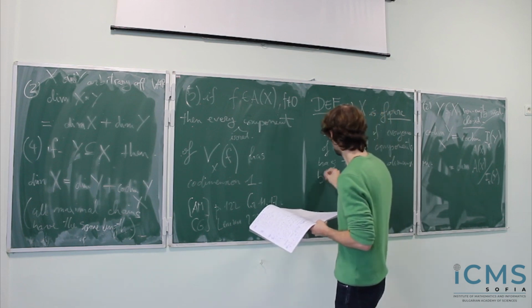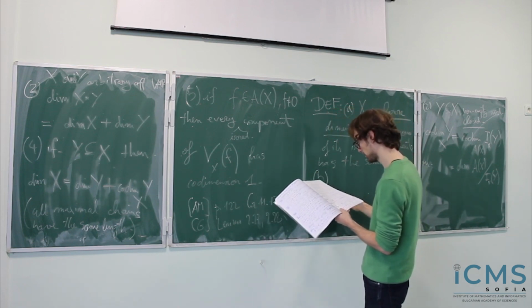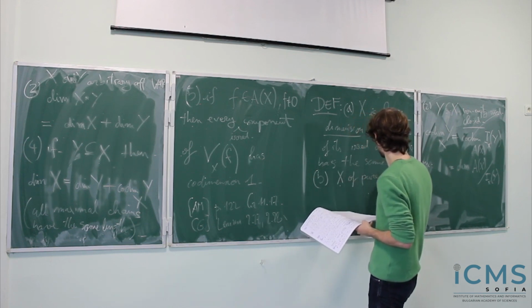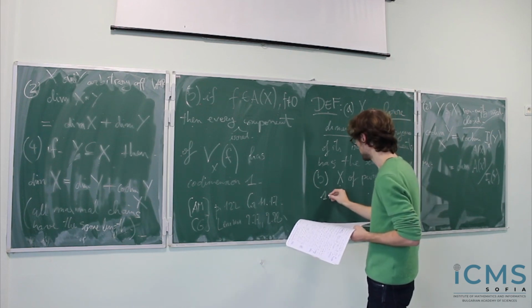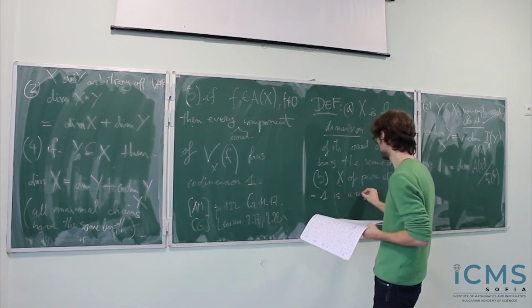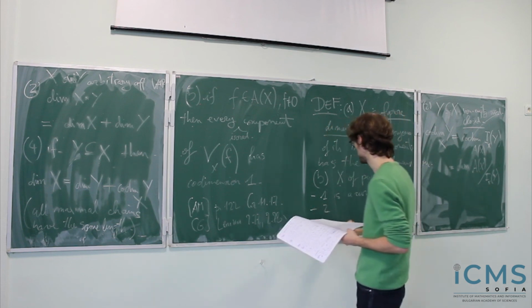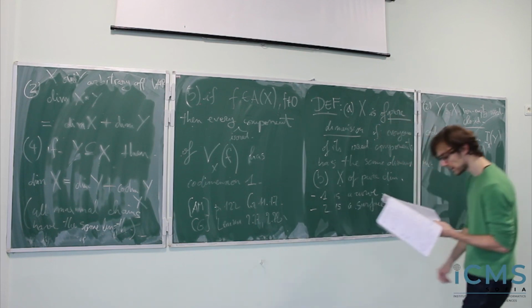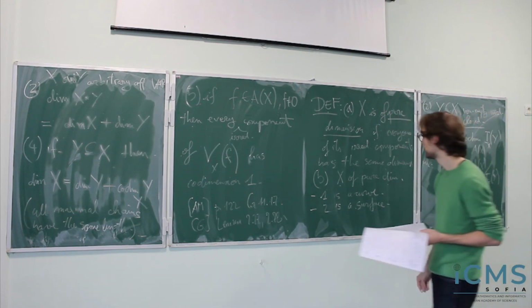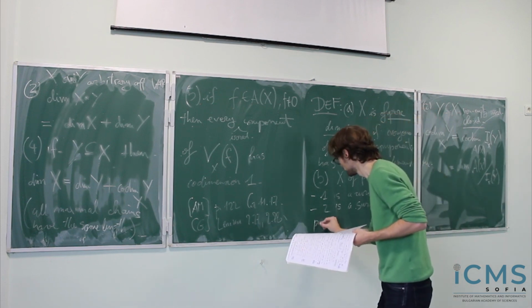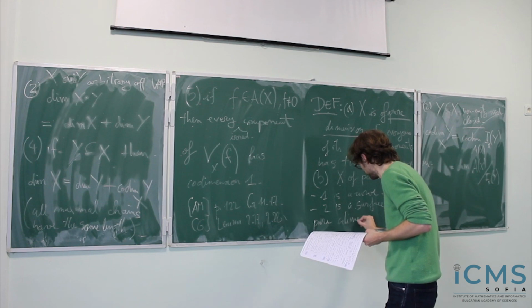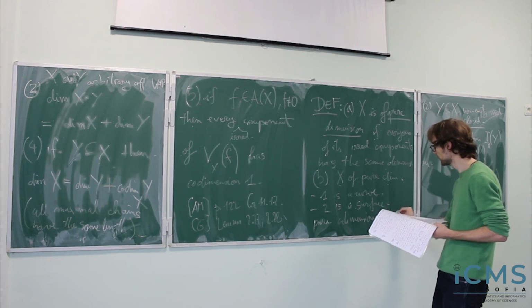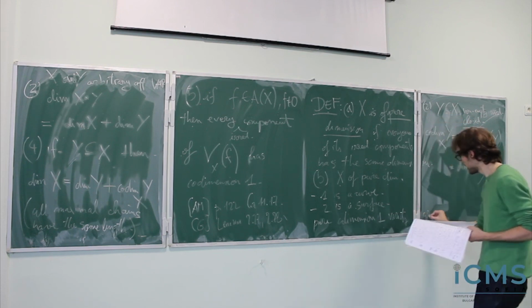Okay, so we will call X of pure dimension 1 a curve, of pure dimension 2 a surface, and likewise if it is of pure codimension one, varieties are hypersurfaces.